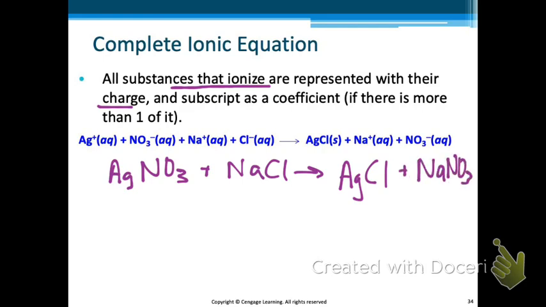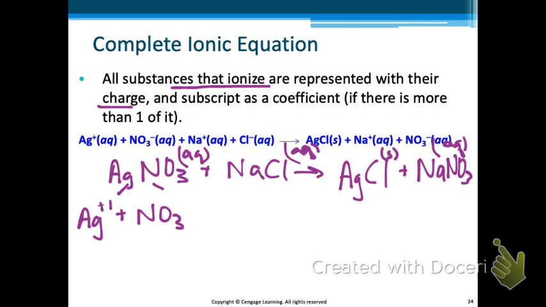It's not that because they're all moving around together. It says this one was aqueous, this one was aqueous, this one was solid, this one was aqueous. So when we write the complete ionic equation, we're going to say these three substances are really not full substances. They're ions in that water because they're dissolved, and so we split them up. Ag plus and NO3 minus, plus Na plus and Cl minus.